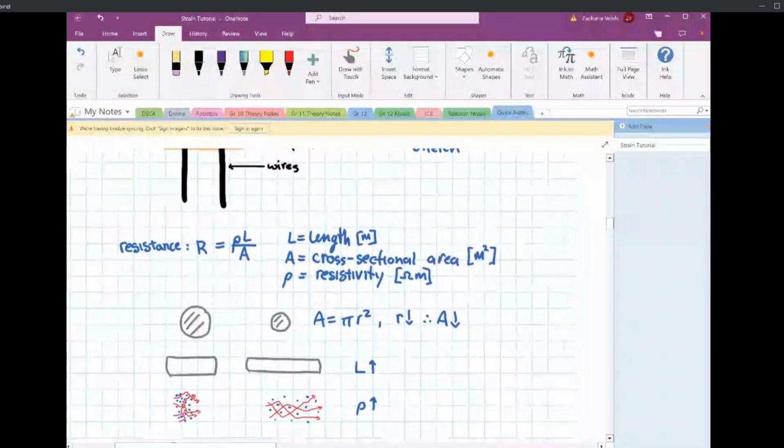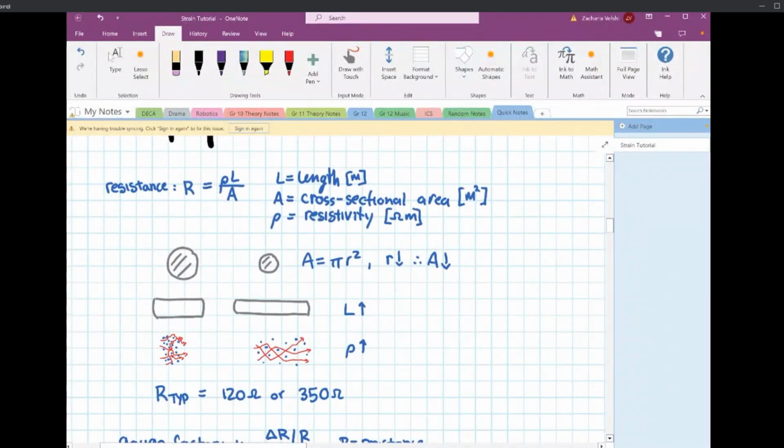As you pull a wire, imagine you have it on two ends and you're stretching it out, the cross-sectional area of the material is going to decrease. The length will increase, because you're stretching it out.